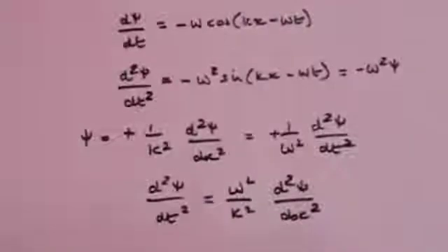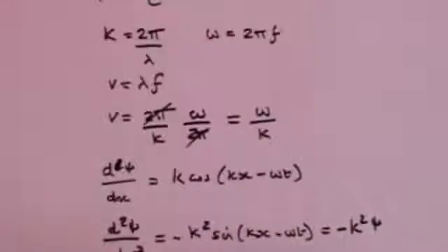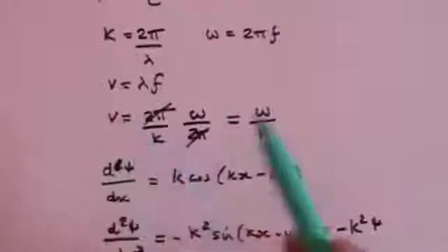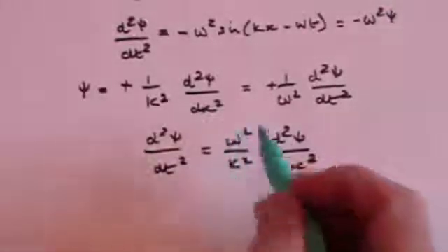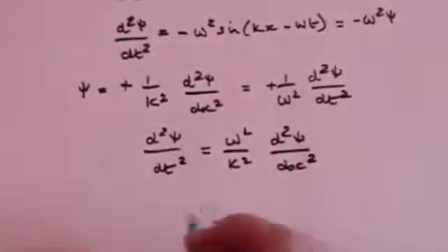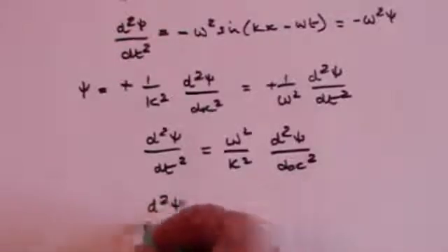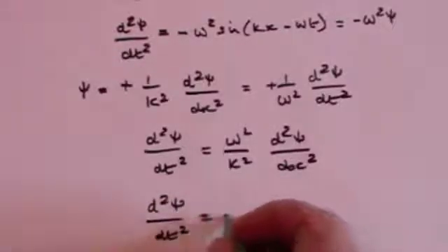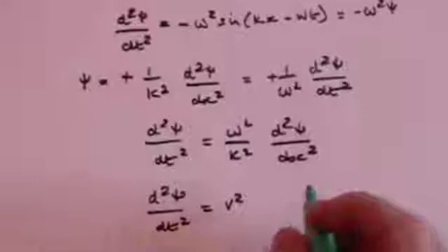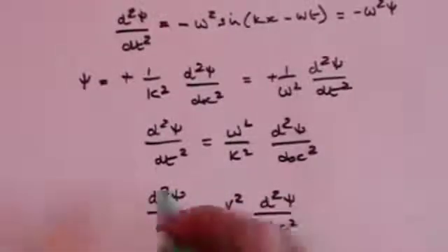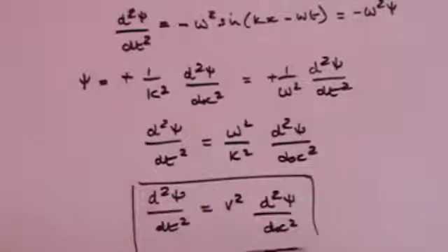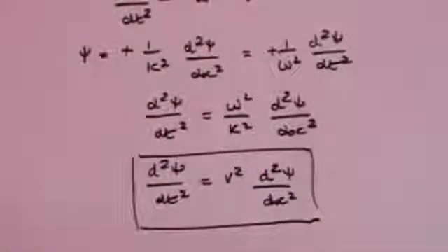But earlier we showed that the velocity of the wave is omega over k. And consequently, omega squared over k squared is simply v squared. So we get that d2 psi by dt squared equals v squared, the velocity of the wave squared, times d2 psi by dx squared. And that is known as the wave equation.